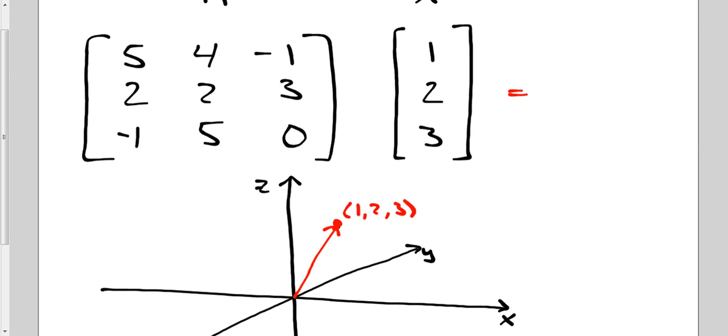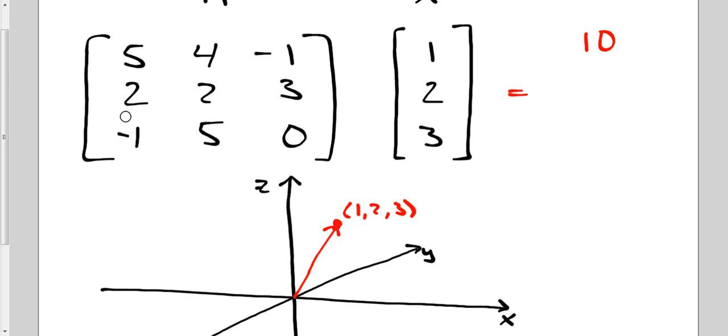So 1 times 5, 2 times 4, 5 plus 8 is, and then 3 times -1. 10, right? So then I get, I'll do this in red, 10.